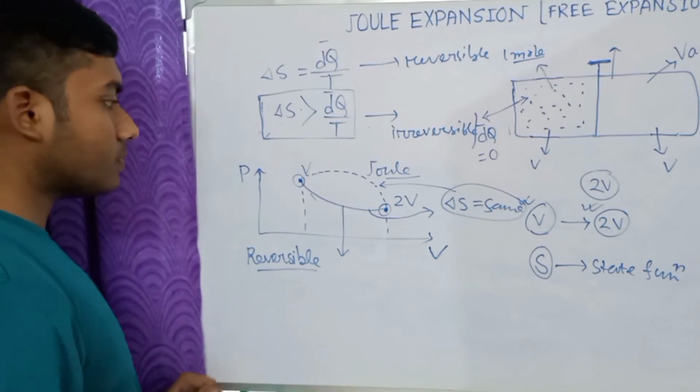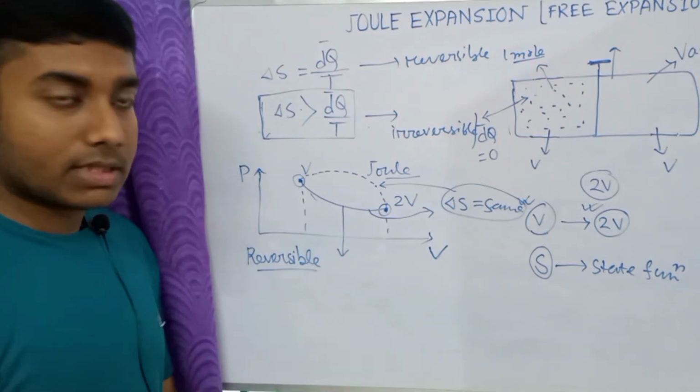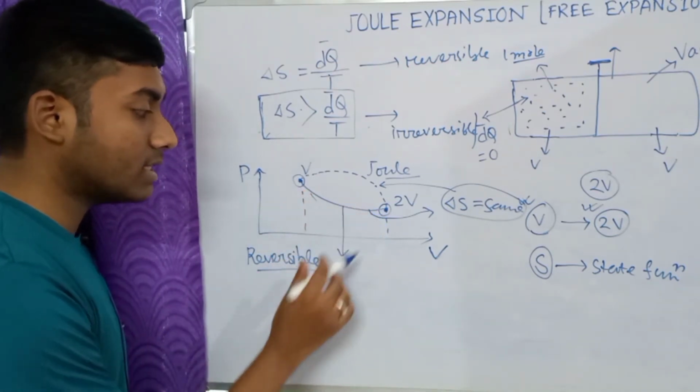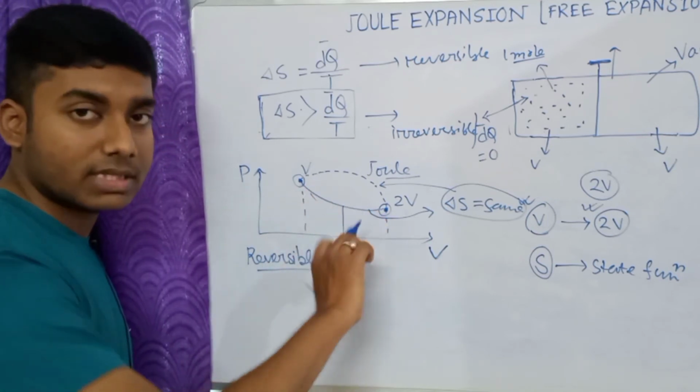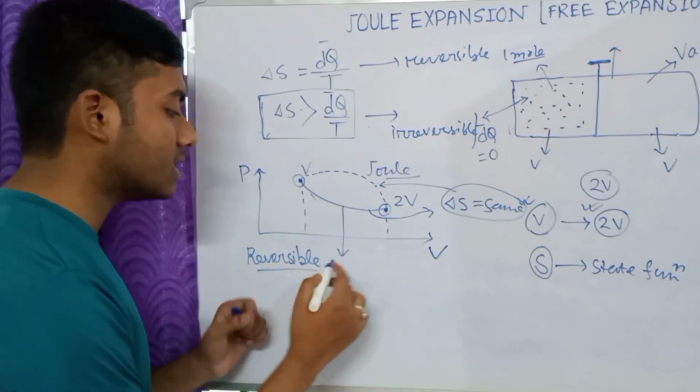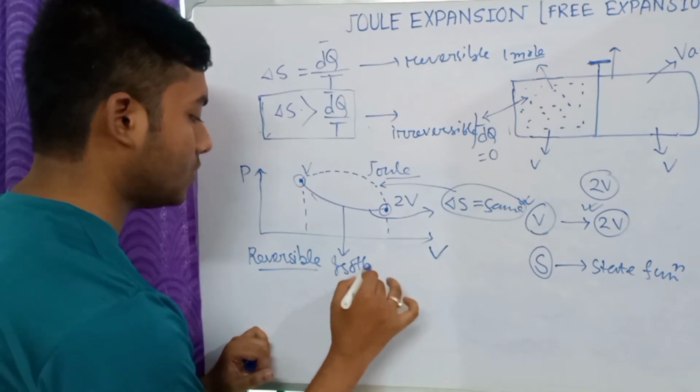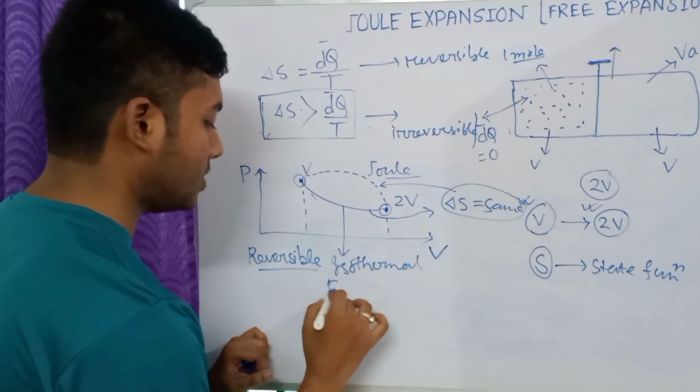Now, for convenience, we consider this reversible path as a reversible isothermal expansion.